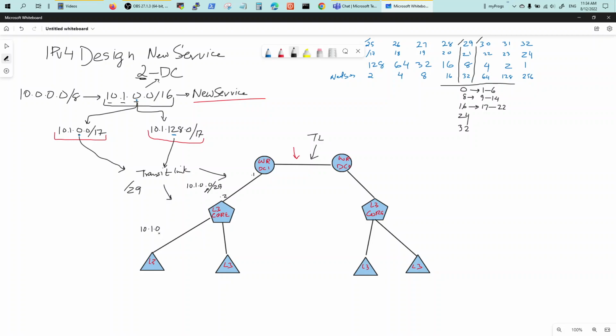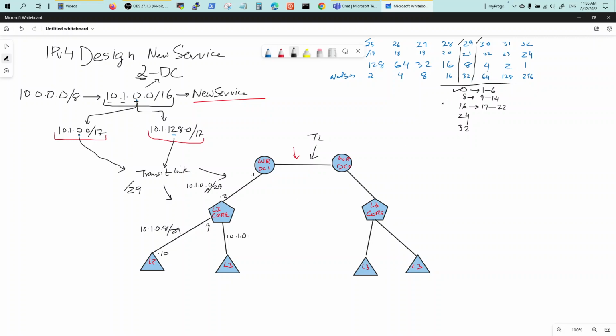So this is going to be 10.1.0.0 now. It's going to switch to the next one, which is 10.1.0.8/29, .9, .10. The next one is 16.